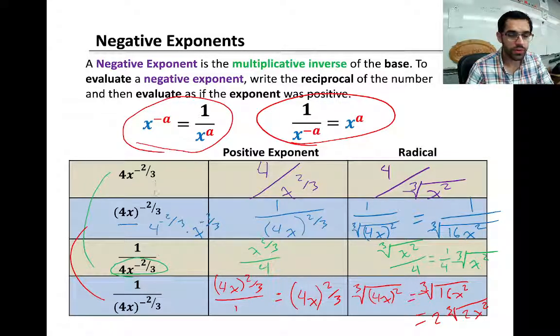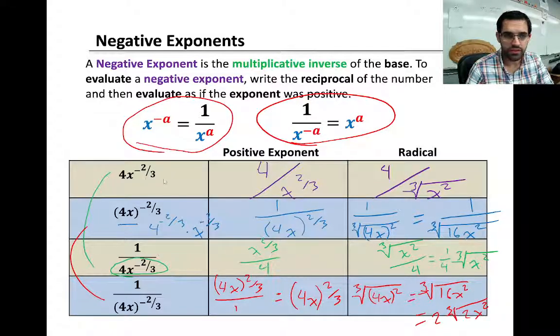Alright, so we have a few examples here, brackets and no brackets. The exercise here is to write them as positive exponents only, and then write them again as radicals. So notice in the first example, there's 4 times x to the power of negative 2/3.